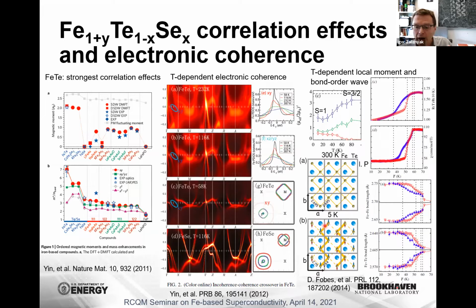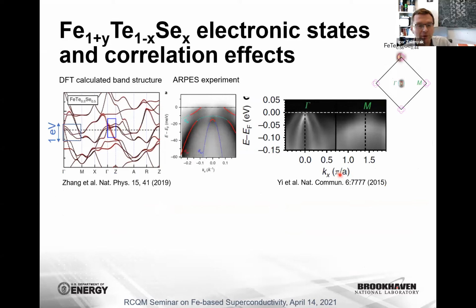But the point I'm making is that the development of electronic coherence upon cooling leads the way to development of electronic instabilities, such as formation of orbital order or of superconductivity. So one needs electronic coherence in the first place to form a superconducting state.